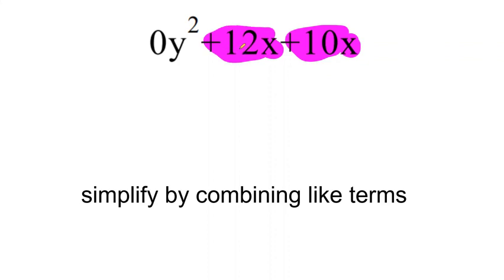So what I'm going to do is rewrite my expression. I'm going to copy this term that has no like terms to pair it with. And I'm going to solve this part of the expression. 12x plus 10x is 22x.